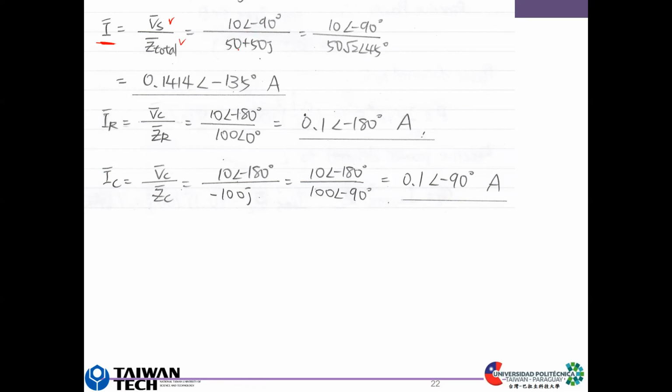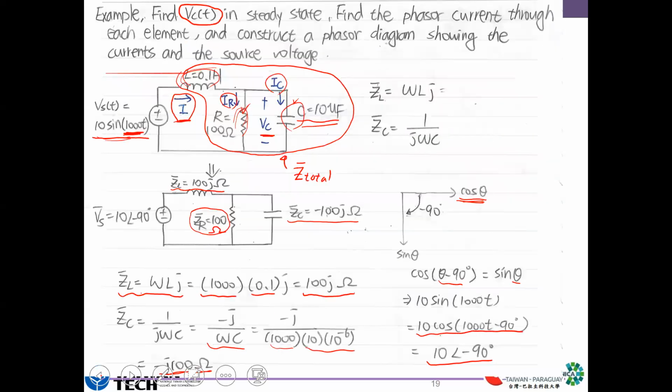You need to convert everything to its corresponding polar form, and then you can calculate the result. And so this is the current flowing through the inductor. Let's go back to the book. This is the current flowing through the inductor, and also the current flowing out from the voltage source.